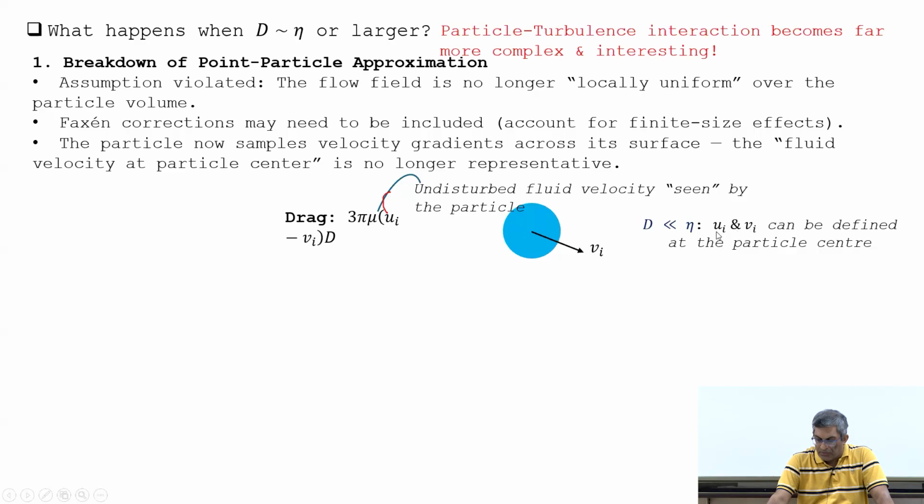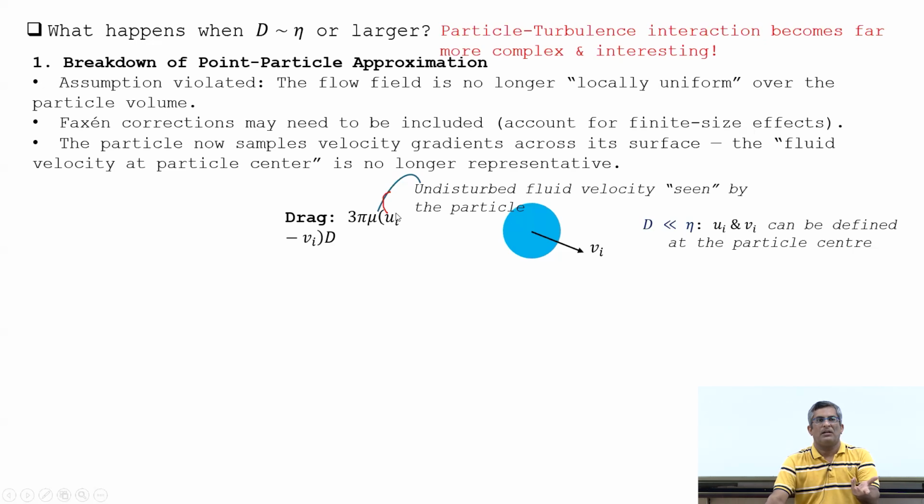Now, if we have the point particle assumption valid, that is the particle size is much smaller than the Kolmogorov scale, then in that case, we can define both these terms u and v at the particle center. But if the particle size is larger, then the question is, at what location should u be chosen?